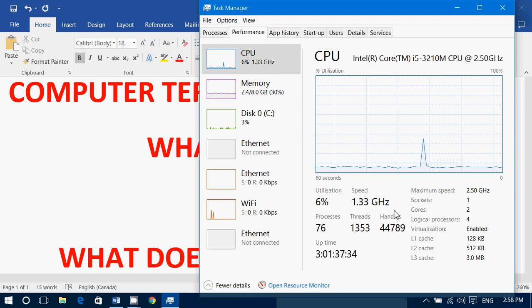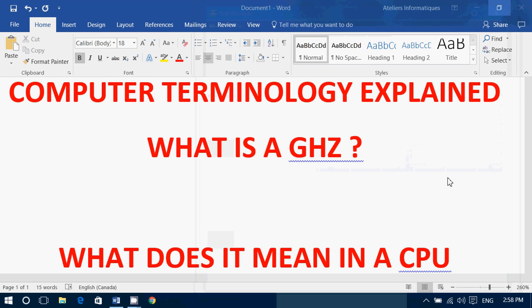So technically, in a perfect world, every cycle the CPU could handle 1 instruction. Meaning that in a 2 gigahertz computer, in a perfect world, you'd have 2 billion instructions a second processed.